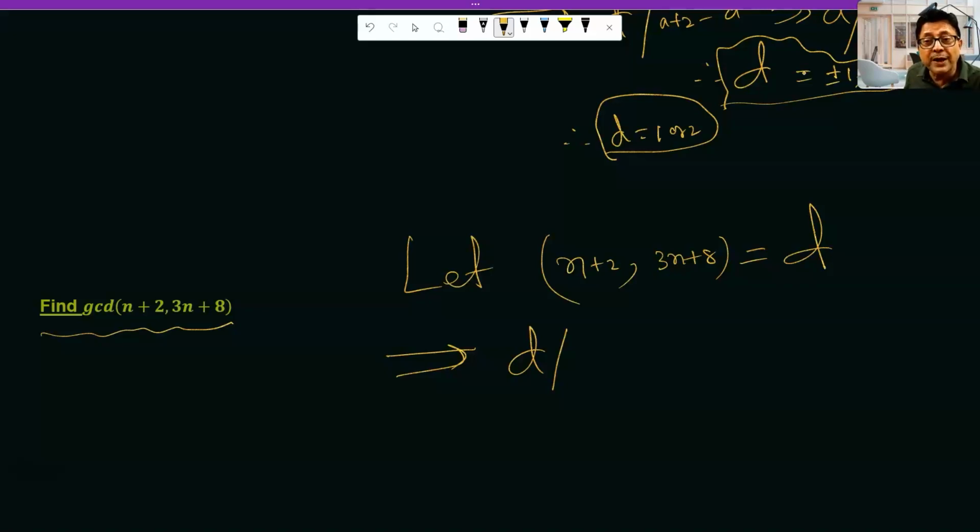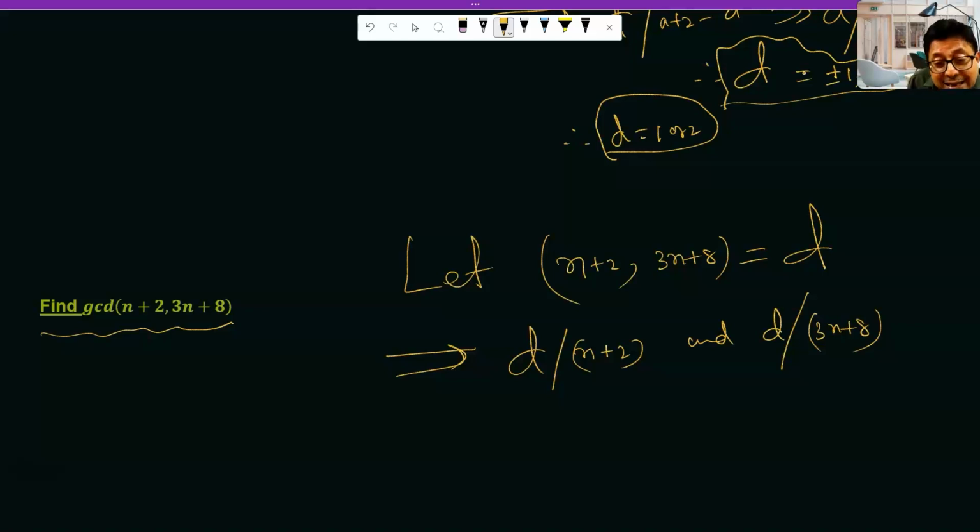Next one also, I hope I will be able to give you another one. Another masterpiece from Olympiad, actually the easiest one. So what does this imply? d divides n plus 2 and d divides 3n plus 8. Should agree.